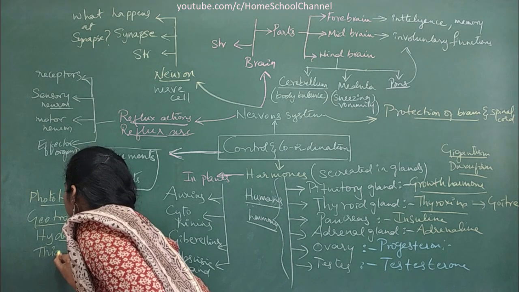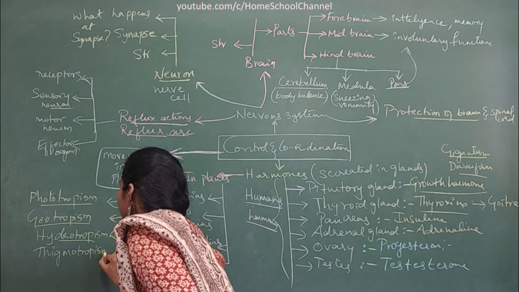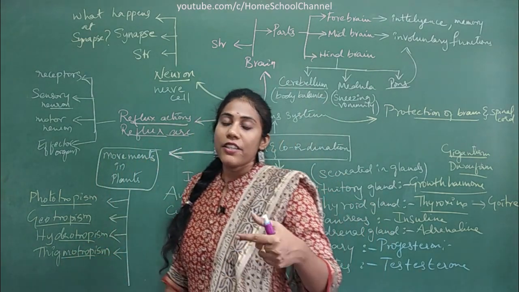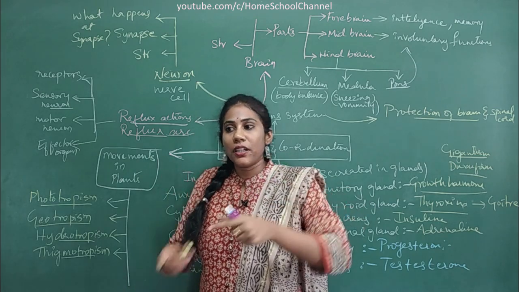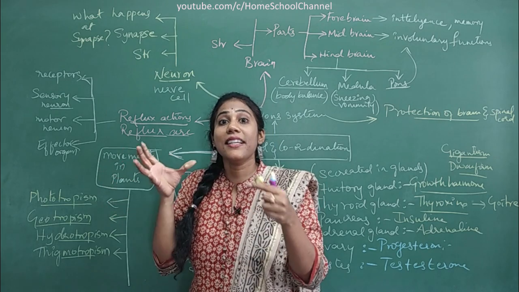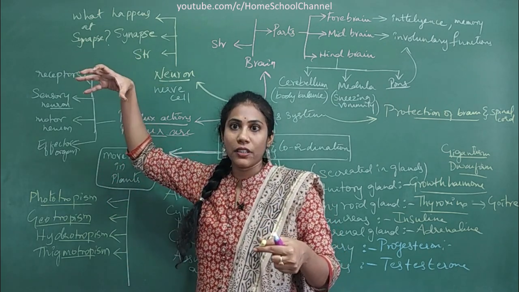The other one is thigmotropism. Thigmotropism means the plant part which is sensitive to touch. Okay, so wherever you give a support, there the plant part will try to move. The best example is the climbers. Okay, so climbers would move onto a support, right?